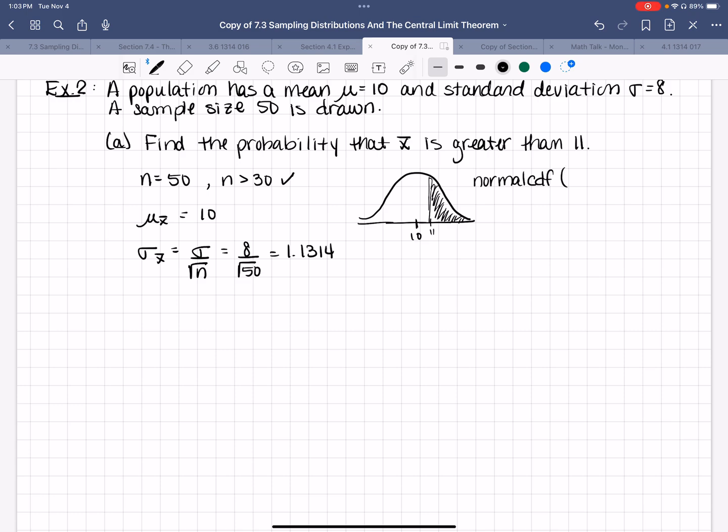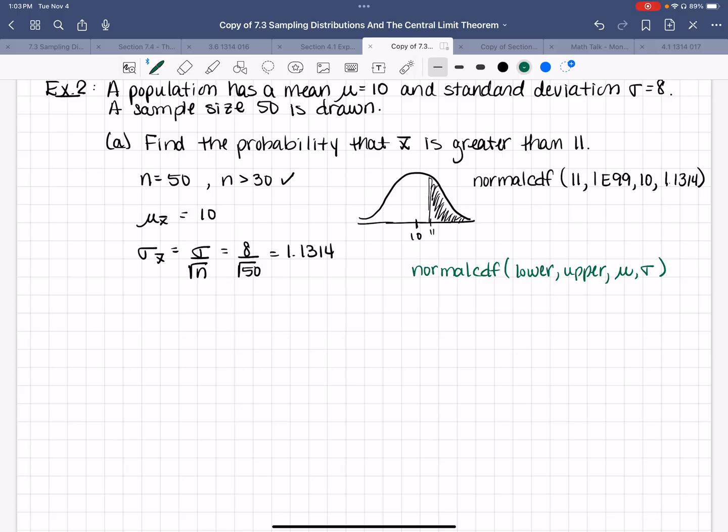We start with the lower bound, which will be 11. The upper bound we're going to set as 1E99. Then the mean, which is 10, and then our standard deviation, which we found to be 1.1314. If you need a refresher, it's normal CDF, lower, upper, mean, and then standard deviation.